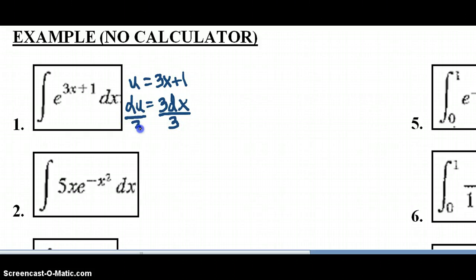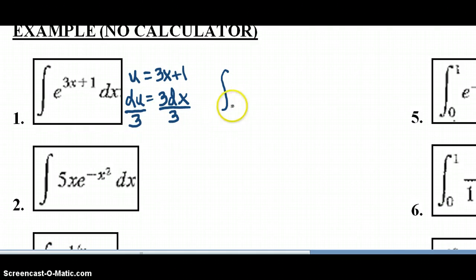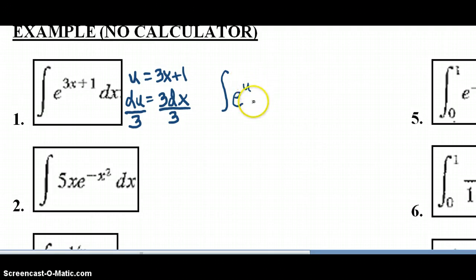Du over 3, remember, is the same as 1/3 du. So we're now ready to rewrite our integral. Our integral is going to be e to the u power, and then it's not just du, it's 1/3 du, so we put that 1/3 out front of our integral.